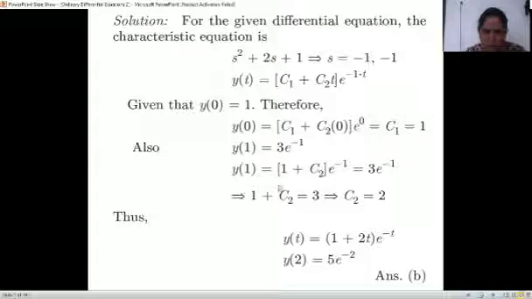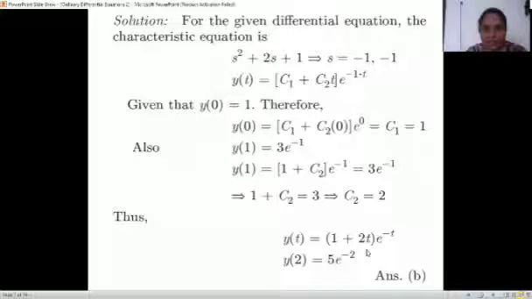So put t is 1 here, and c1 is already 1, t is also 1, so c2 only into e raised to minus 1 is y of 1, but y of 1 is 3 e raised to minus 1. That's why we are getting 1 plus c2 is equal to 3, e raised to minus 1 getting cancelled. So c2 is 2. And your final solution will look like 1 plus 2t e raised to minus t.